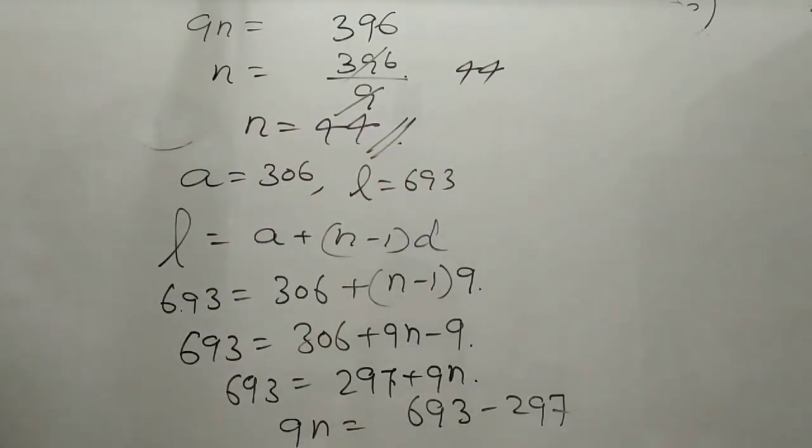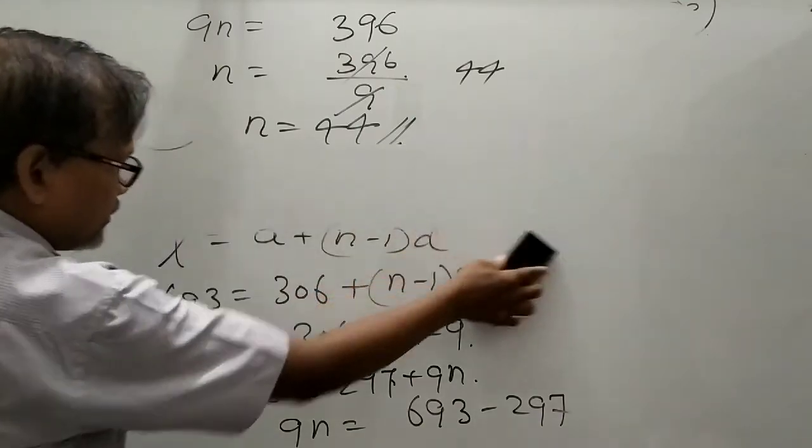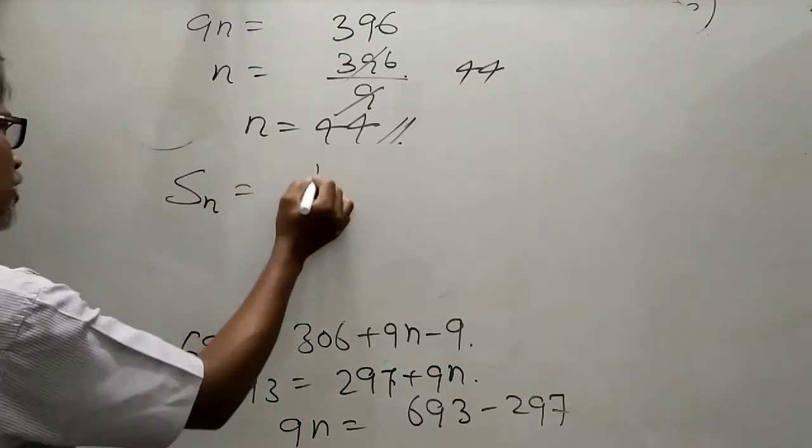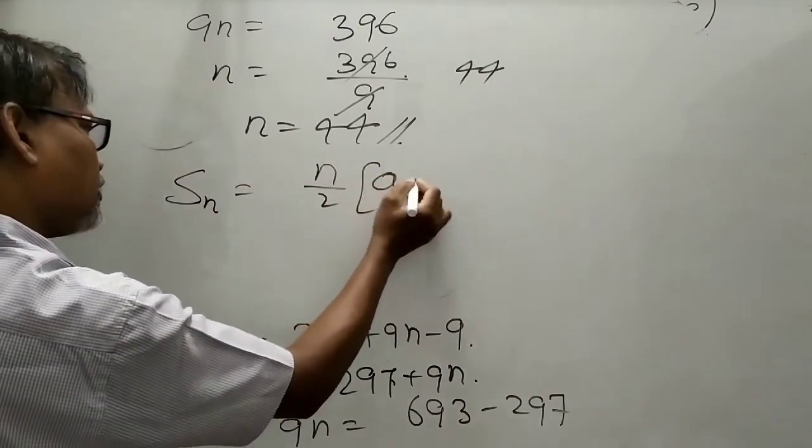After finding n, you have to find the sum of n terms, meaning Sn, and use this formula.